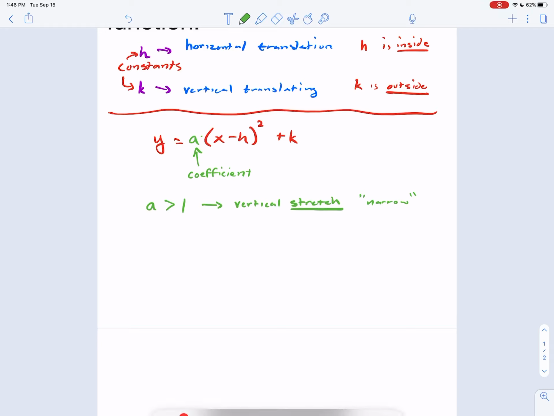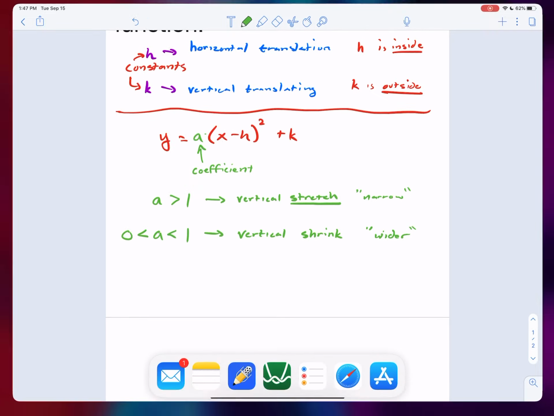Okay. Now, what happened when A was a little bit less than 1, somewhere between 0 and 1? Okay. Go ahead and write that down. There was a vertical shrink. Okay, we were making things wider. Make sure that it makes logical sense to you guys, okay?